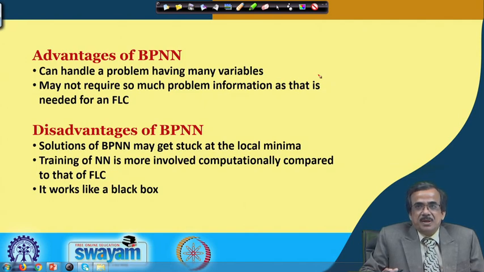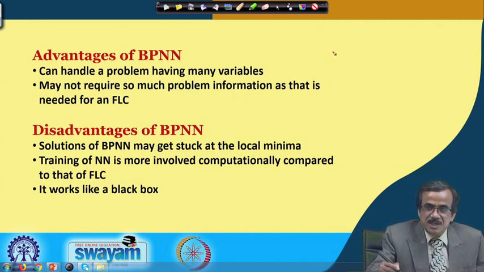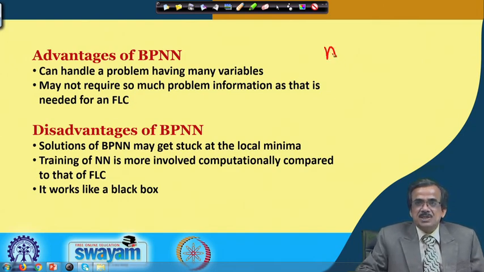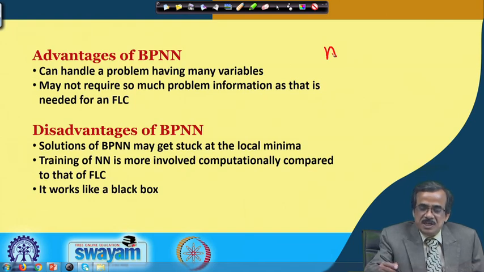exponentially. For example, if a particular process has n number of input parameters, and to represent each input parameter I use m linguistic terms in the fuzzy reasoning tool, then the total number of rules becomes m raised to the power n.